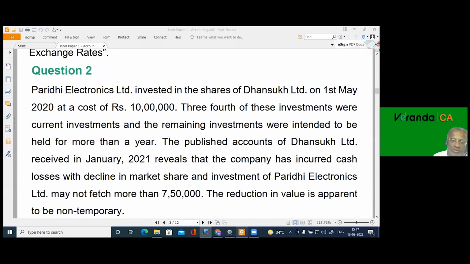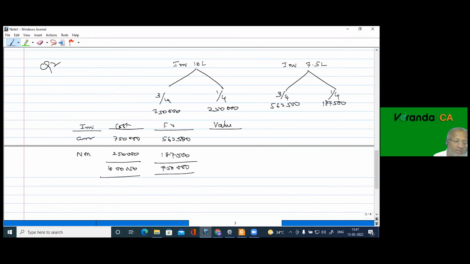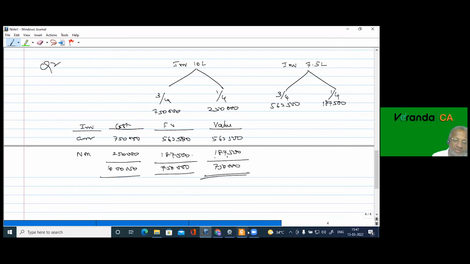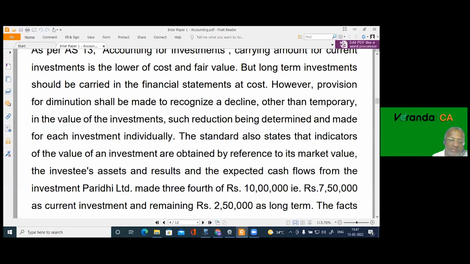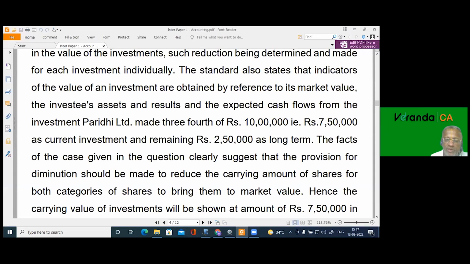So value at cost or fair value, whichever is lower: 562,500. Non-current is generally at cost 2,50,000, but in this case you can't take it up, because this decline to 187,500 is considered to be non-temporary in nature, and the value is to be taken as 187,500. This is the stage at which it should be evaluated. And of course, the difference is the diminution in the value.